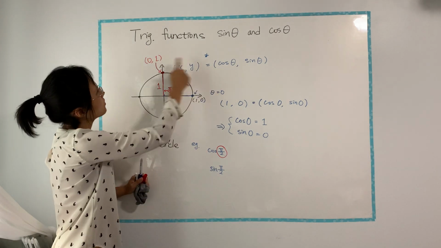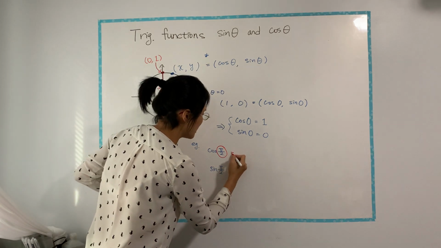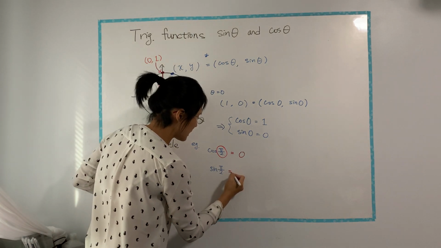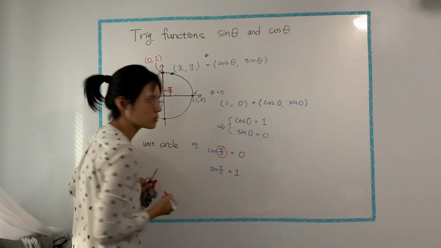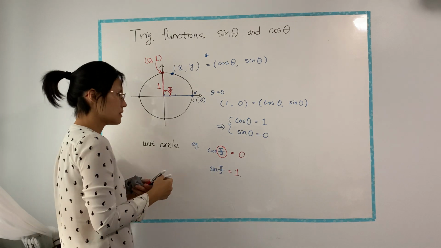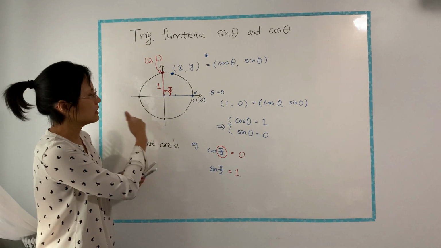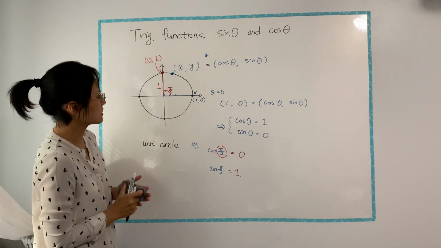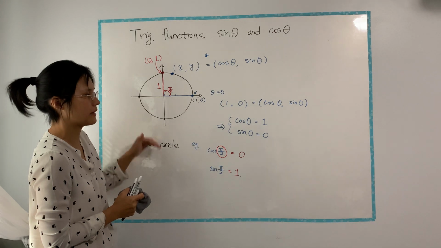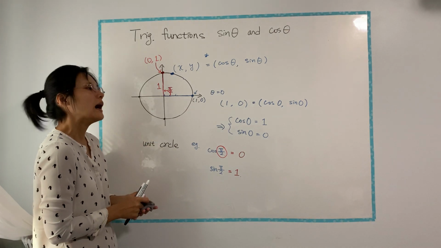So according to the formula, 0 is for the cosine. So I have cosine a half pi equals 0, and I have sine a half pi equals 1. Okay. So this is in general how I would figure out the special values for the sine and cosine.